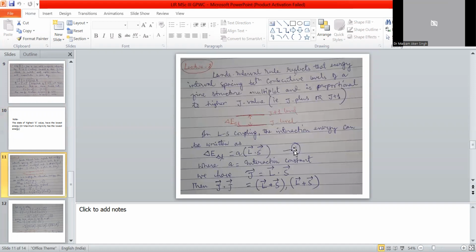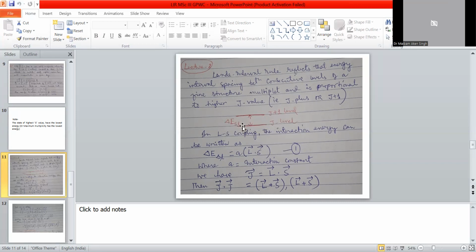Now focus on the Lande interval rule. It reflects the energy interval spacing between consecutive levels of a fine structure multiplet, that is, more than one state in a system, and is proportional to the higher J value, that is J plus 1, J plus 2, etc. Here the energy of two levels we can consider like this.